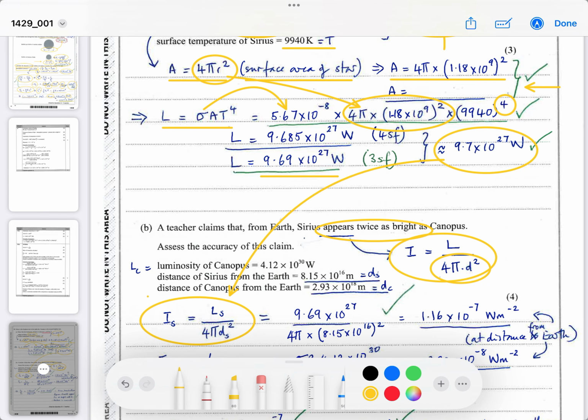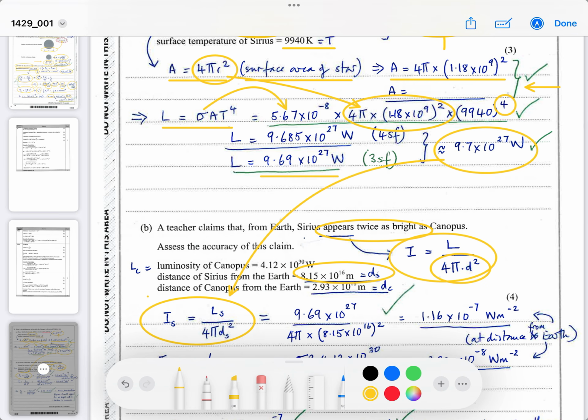Once you do that, and you know the distance of Sirius is given to you here, it's just a matter of mathematics. As I said, this is a very, very mathematical topic, very mathematical unit.